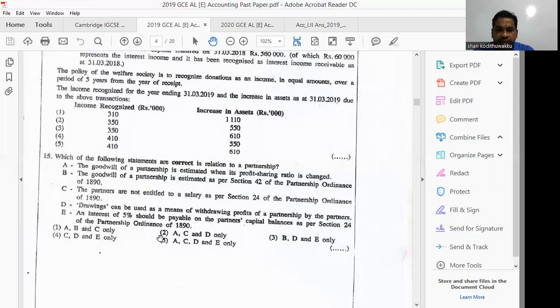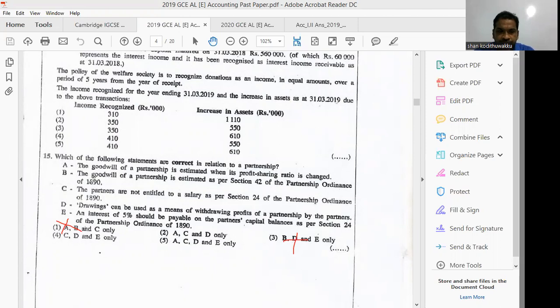That means the third one is wrong because the second statement is wrong. Therefore, the third one is wrong because B is there. Then the first one is also wrong because the B statement is there. Then we can select from the fourth one, second one, fifth one.